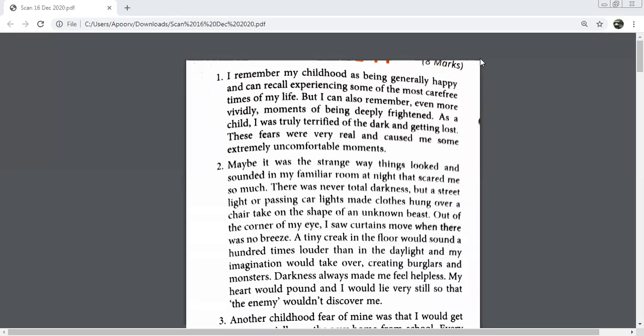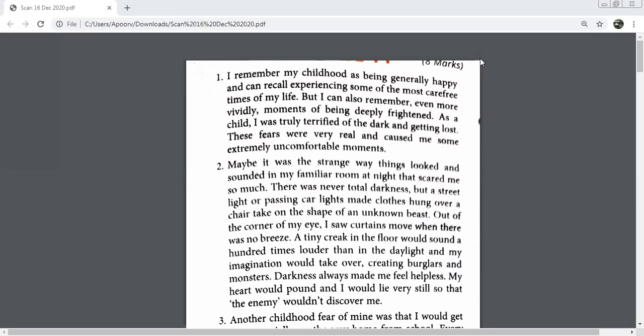Subheadings could be: things looked and sounded scary at night. And second, curtain moved when there was no breeze. And third, a tiny creak in the floor would sound 100 times louder than in daylight. Okay, that's nice. Very good. Anybody else with subheadings? Yes, ma'am. Strange things looked at me in a familiar room and scared me a lot.